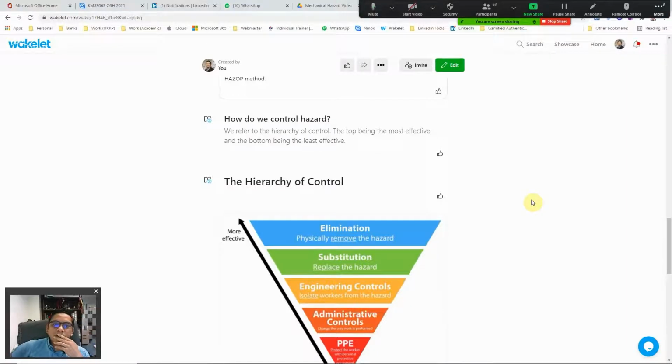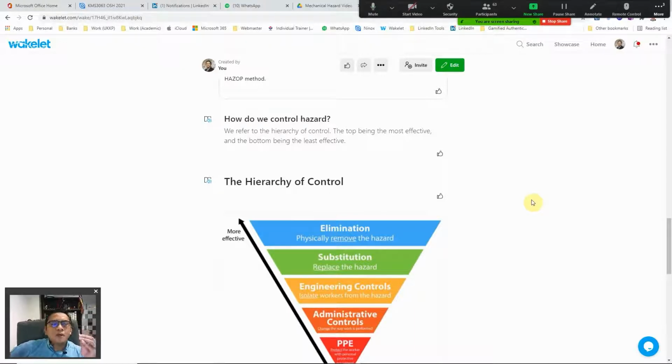But for the preliminary, early stage, at least you need to know what the consequences are. What can the hazard do? In order to identify whether a hazard is significant or not, you need to know what kind of damage it can do. What is the level of harm that it can do?